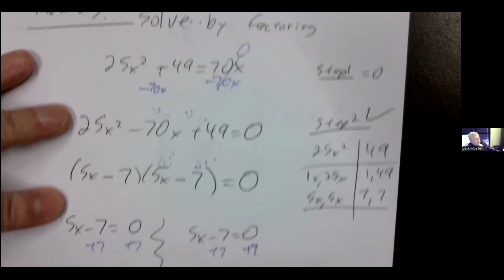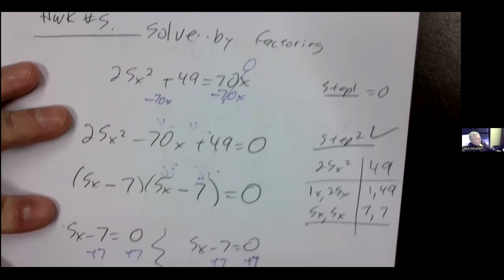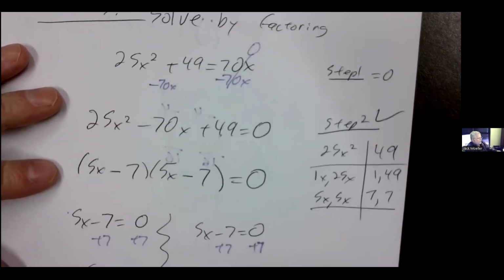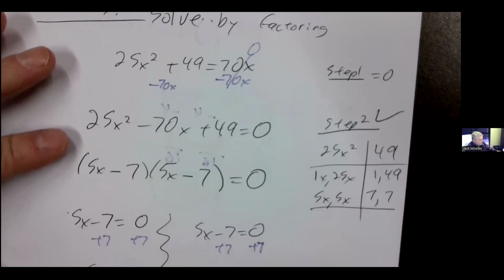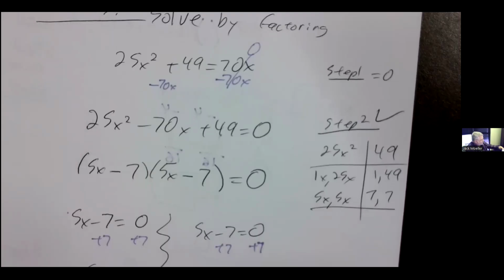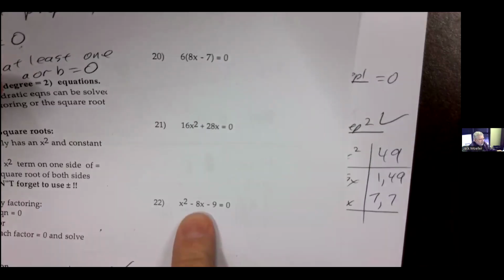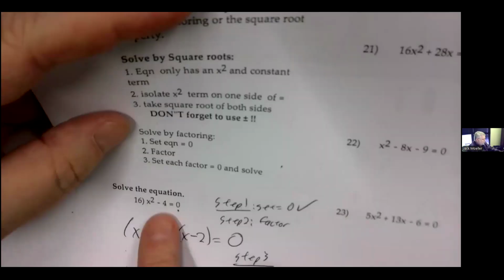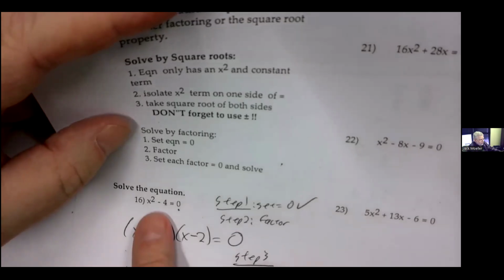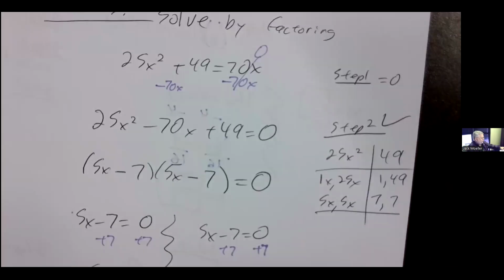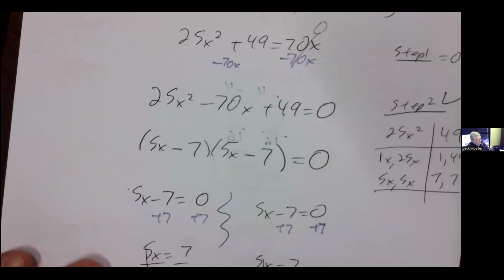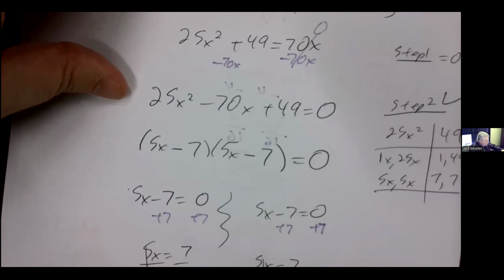Factoring is not always the most efficient. As long as you can see how to factor, like on this one, that x squared minus 8x minus 9 was not too bad to factor. The x squared minus 4 is a difference of squares, not too bad either. That's the power of solve by factoring. If you can see how to factor it, it's usually going to be quicker.